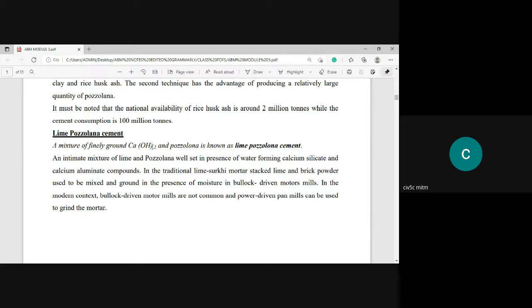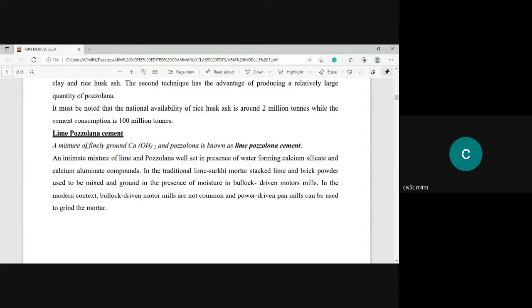After slaking the quicklime, the left out product is called calcium hydroxide or lime, that is hydraulic lime. The mixture of calcium hydroxide and pozzolana is known as lime pozzolana cement.